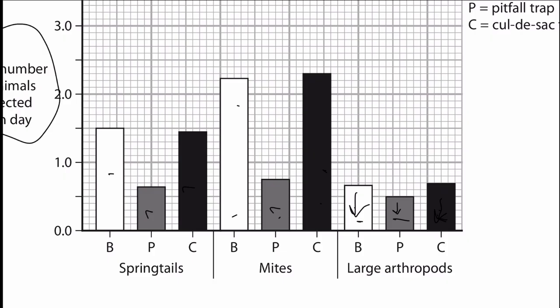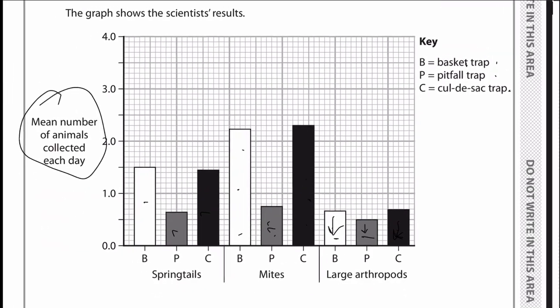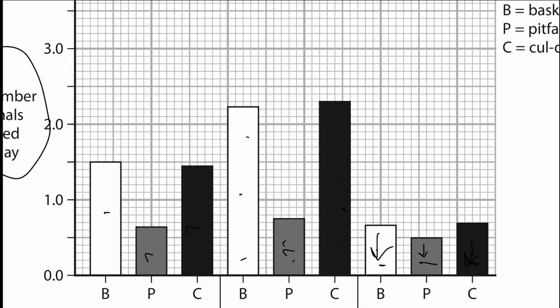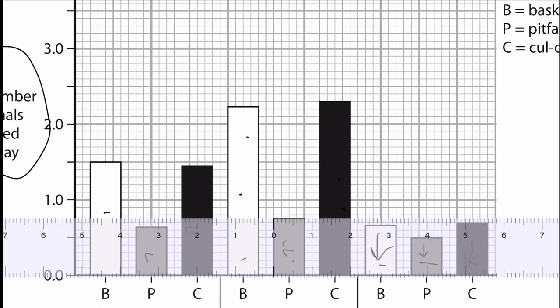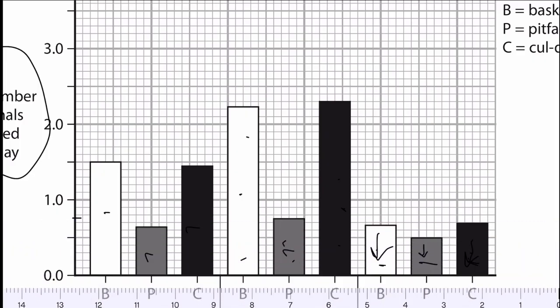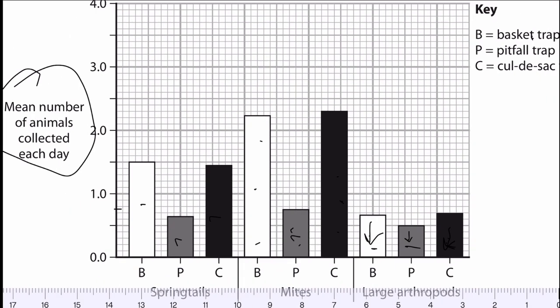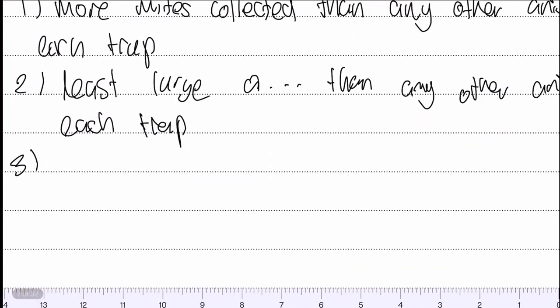We can see that in terms of the three traps, the fewest mites were caught by the pitfall trap, right? And because we're seeing something like that, we can easily get a figure for that. So if I look at this pitfall trap, I use a ruler, I mark it, we can see it's gonna be around 0.65, right? 0.65, that's what it looks like.